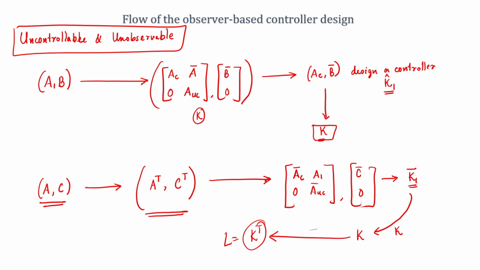So if you have an uncontrollable system, first you have to go to the controllability canonical form. If you have an unobservable system, convert the system into a controller problem, and then you go to the controllability canonical form, and after that the design process remains the same. So this will be the complete flow of observer based controller design for an uncontrollable and unobservable system.